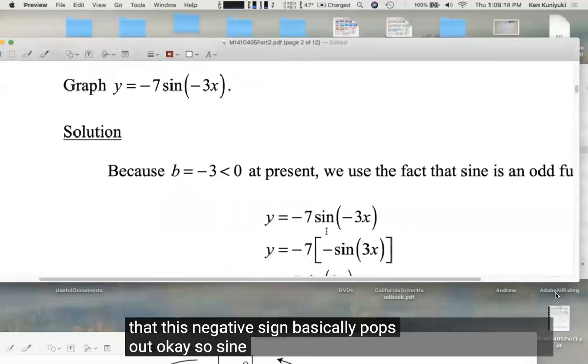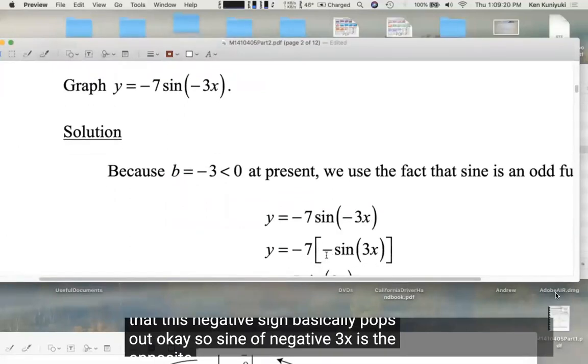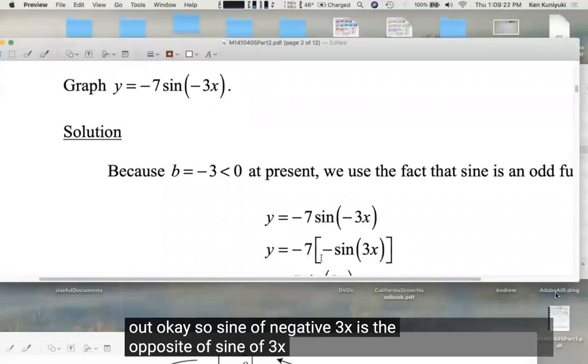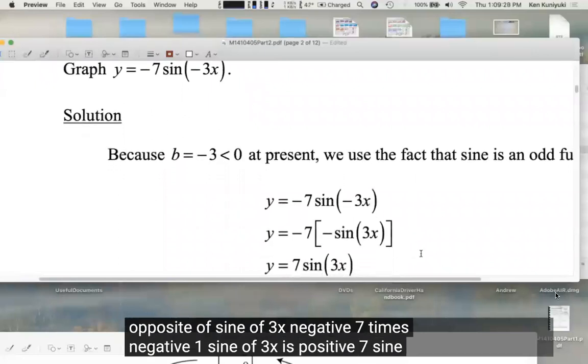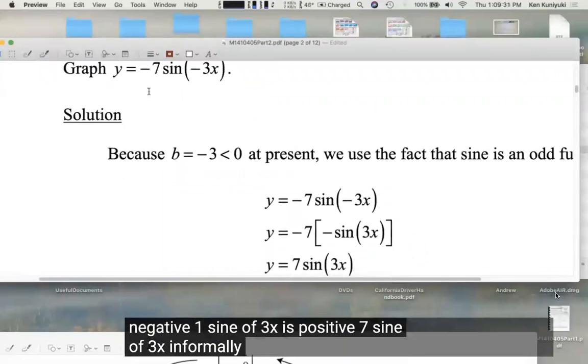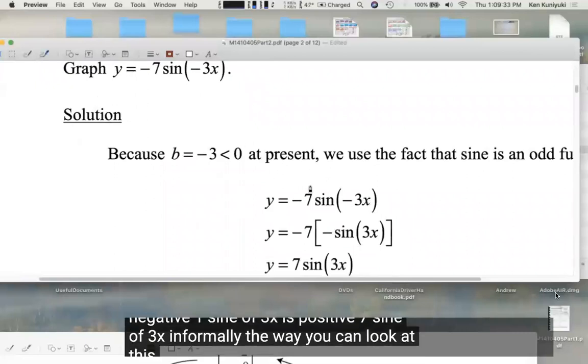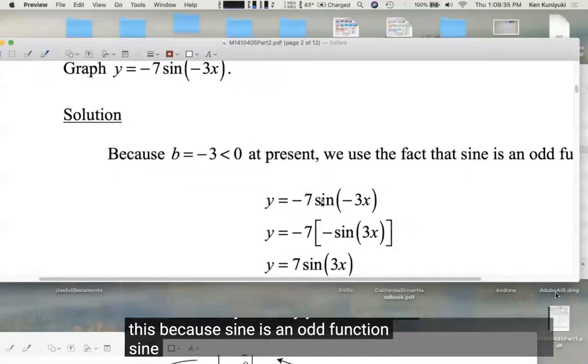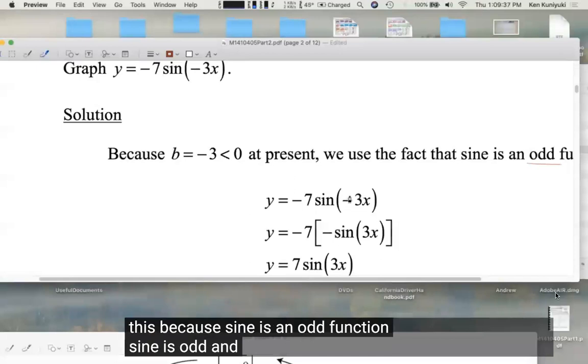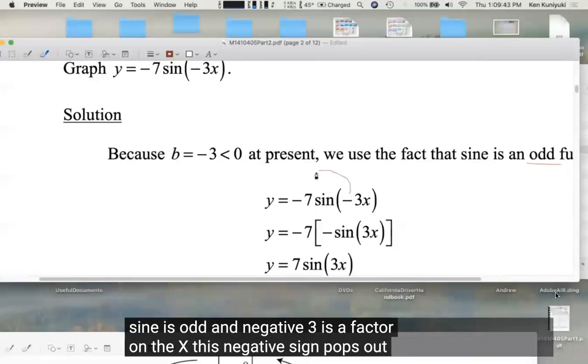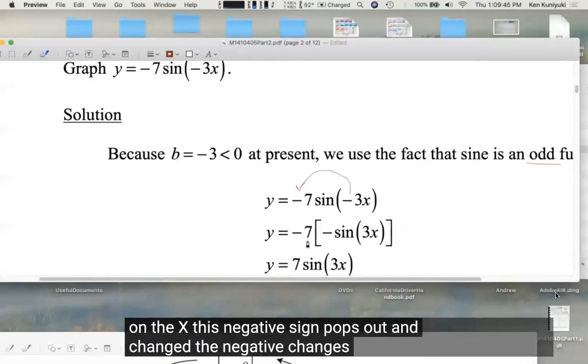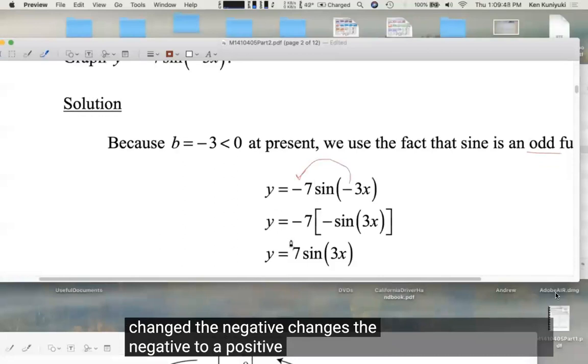Okay, so sine of -3x is the opposite of sine of 3x. -7 times -1 sine of 3x is +7 sine of 3x. Informally, the way you can look at this, because sine is an odd function, and -3 is a factor on the x, this negative sign pops out and changes the negative to a positive.